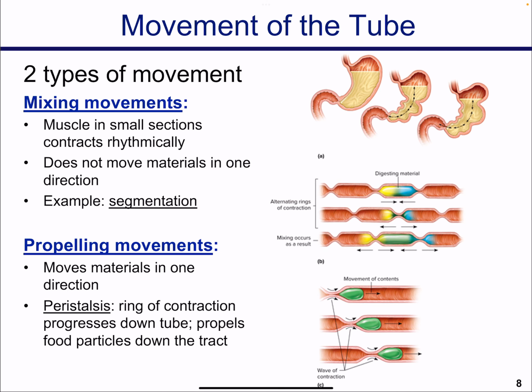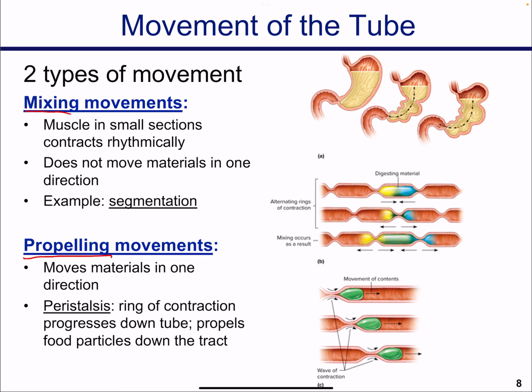So, what are the movements that take place in the digestive tube? We're going to have basically two types of movements. We're going to have the movement of mixing and the movement of propelling.